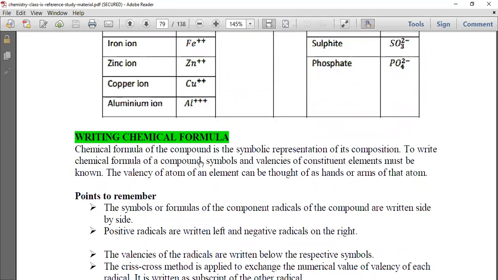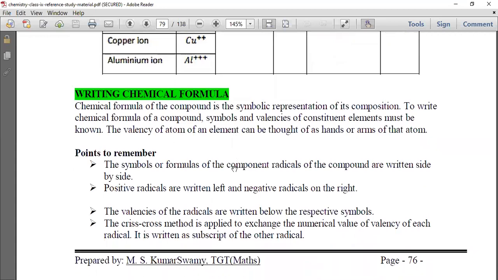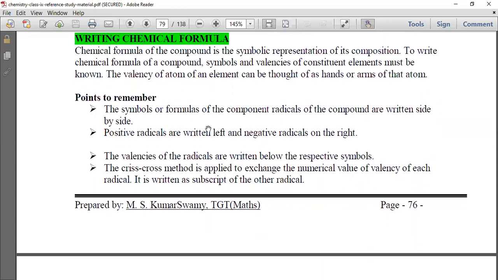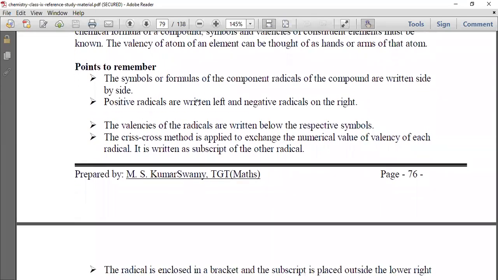Because if every time you want to write sodium hydroxide or aluminum phosphate or sodium bicarbonate in the full name, it will be very difficult to write down all the complex reactions. That is why we go for symbolism, and that symbolic representation is called writing it in chemical formula, right? So these are the points to remember on how to write the chemical formula.